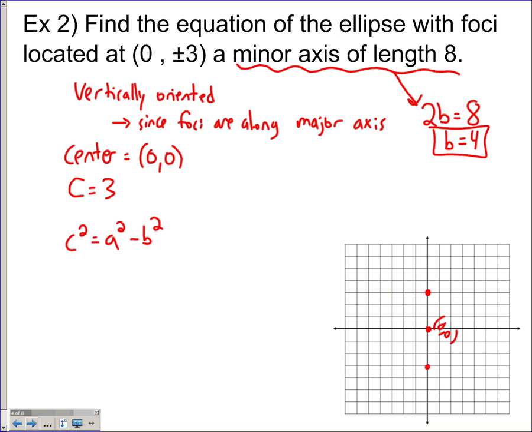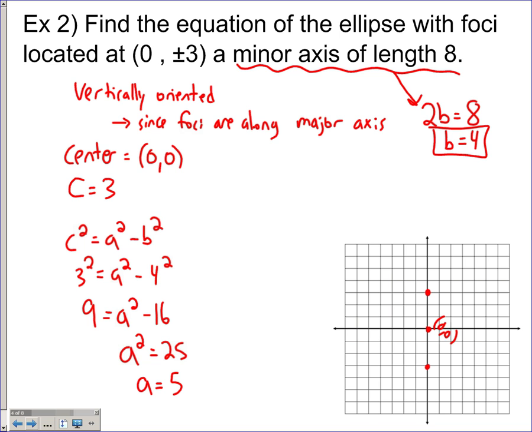So if I square 3, it should be equal to a squared minus 4 squared, 9 equals a squared minus 16. And I get a squared is equal to 25. Taking the square root, I get a equals 5, and I can start to graph everything I know.